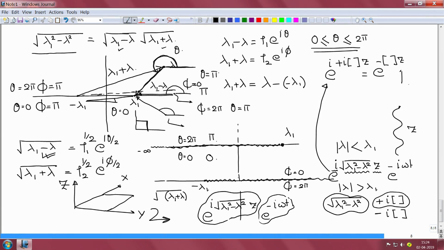So the sound field is decaying in the z direction. On the other hand, whenever lambda exceeds lambda 1, if I happen to choose the negative imaginary value, watch what happens. E to the power I times negative I a real number into z is e to the positive real number z. This implies that along the z direction the sound field is blowing off to infinity.